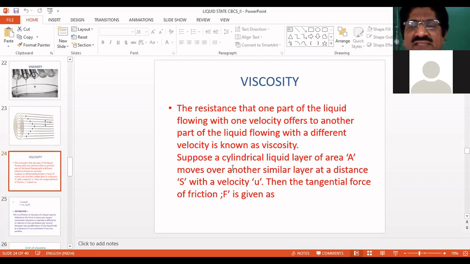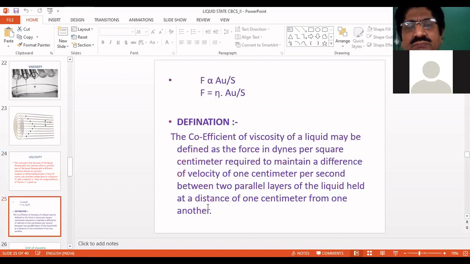Now suppose a cylindrical liquid layer of area A moves over another similar layer at a distance of s with a velocity u. Then the tangential force of friction F is given by the equation: F is directly proportional to A u by s, area into velocity divided by the distance, where the proportionality sign is replaced by a constant called eta.